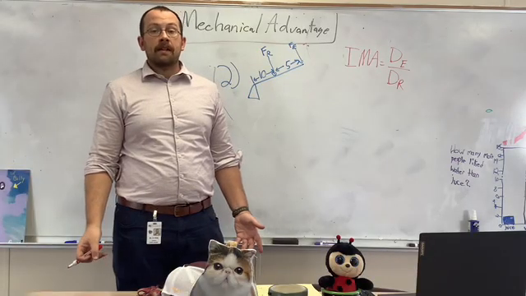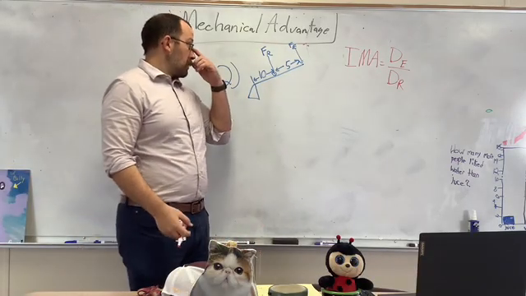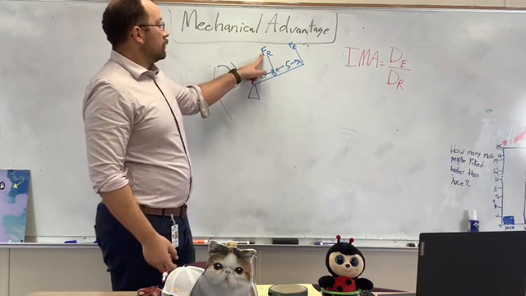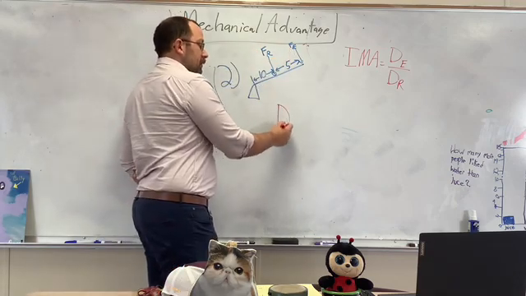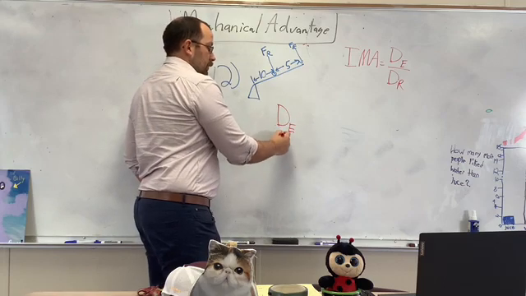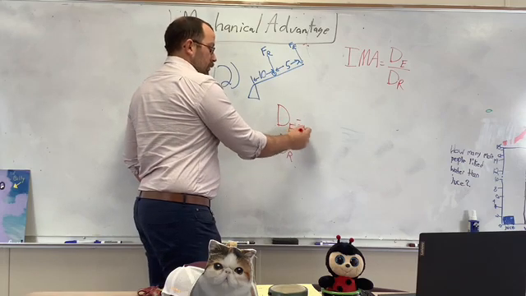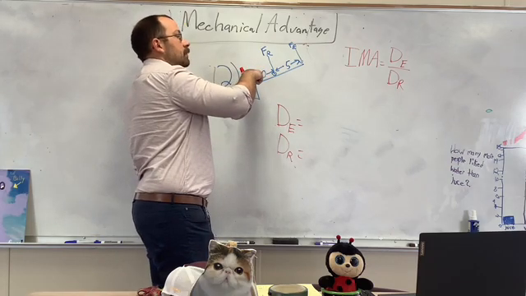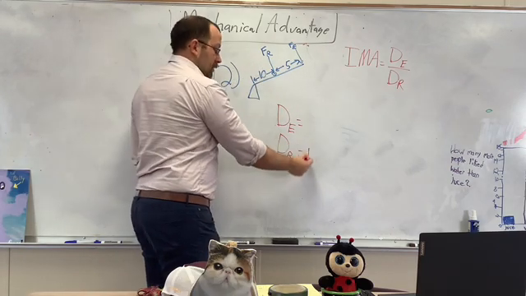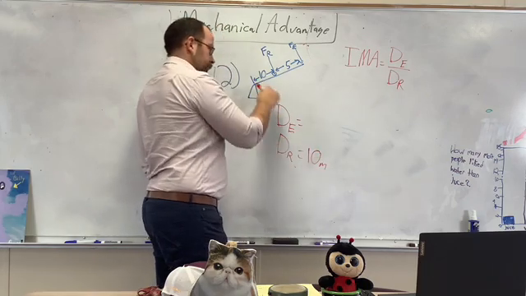Now our second example of ideal mechanical advantage. I have my resistance force and my effort force, but I'm looking for the distances. The distance of my resistance is 10 meters.